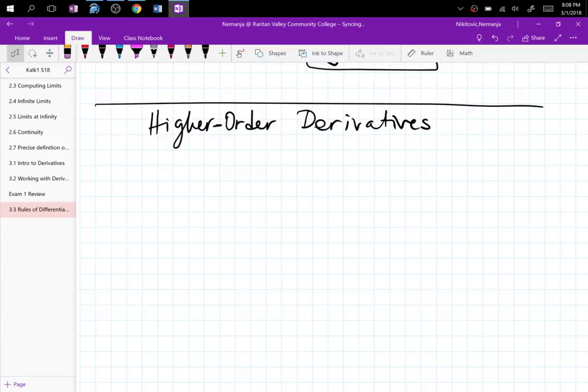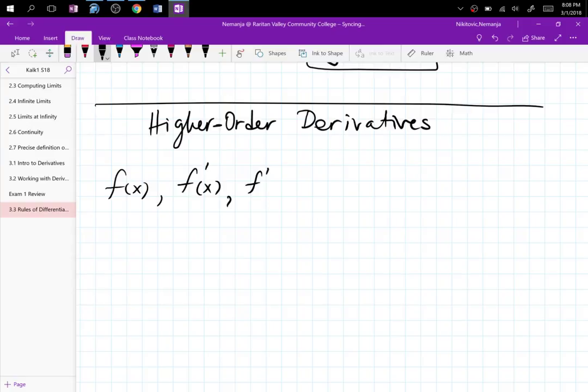So we start by understanding that we have f of x, which is actually the original function, which is the 0th derivative, because no derivative is done on it, right? So that's technically the 0th derivative. And then we have f prime of x, which is called the first derivative. We have been dealing with that one so far.